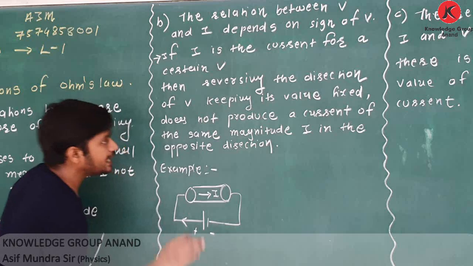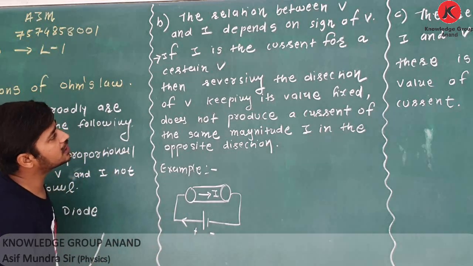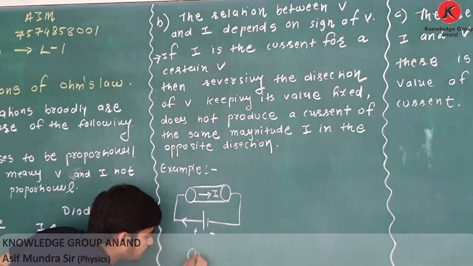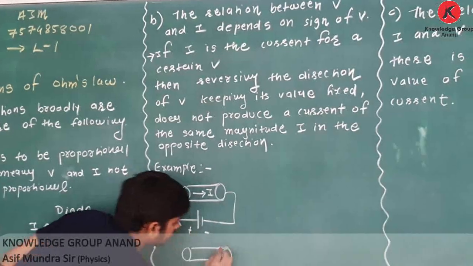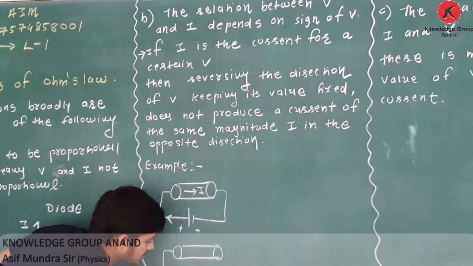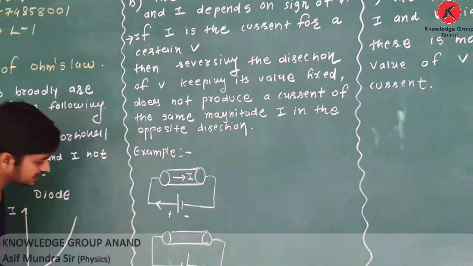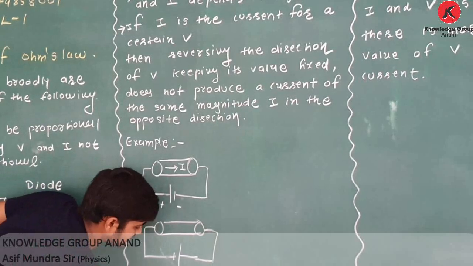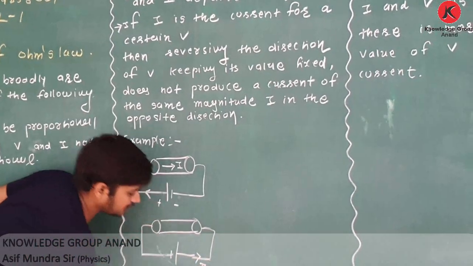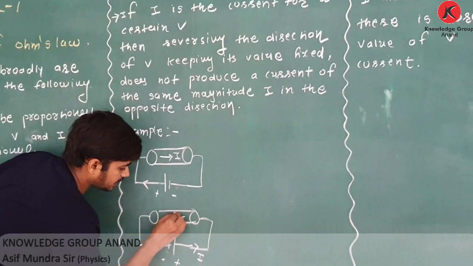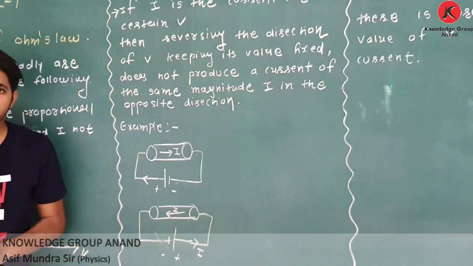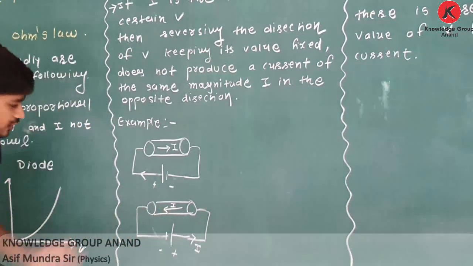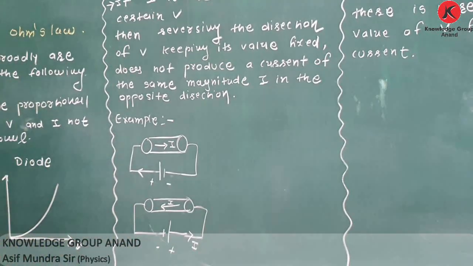Now if I reverse the direction of V, the polarity is changed, plus and minus, so the direction of current is also changed.